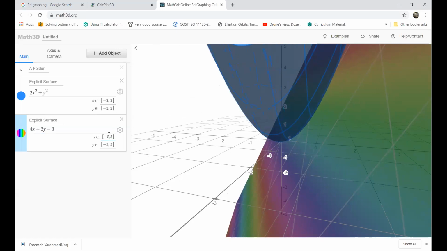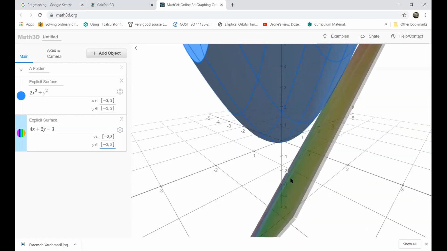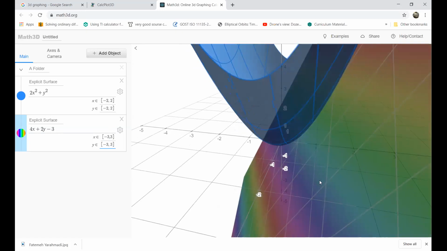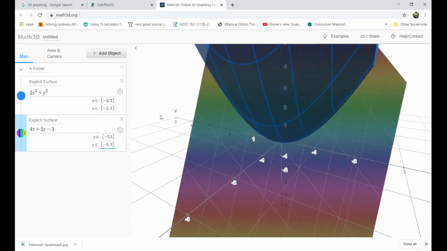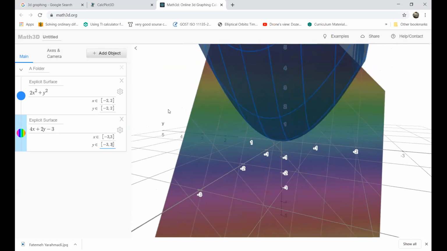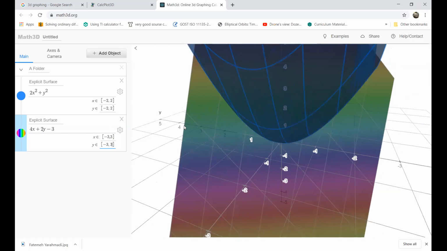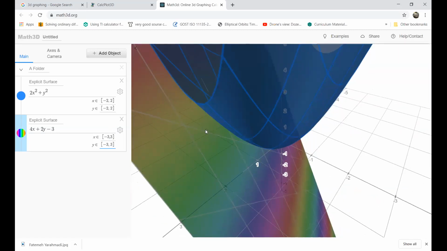We can just change the dimensions here. So you see this plane, which is tangent to the surface. Again, this is exactly the generalization of the tangent line from 2-dimensional space to the tangent plane in 3-dimensional space.